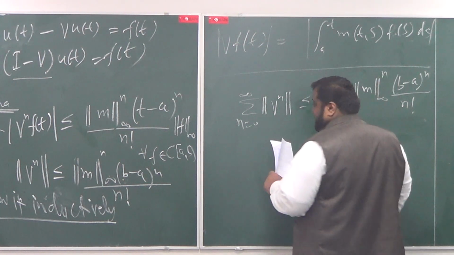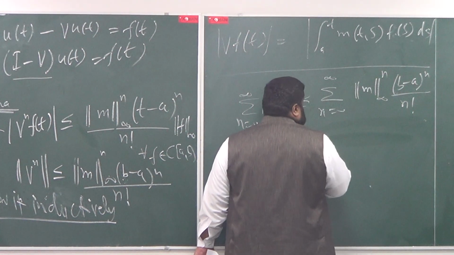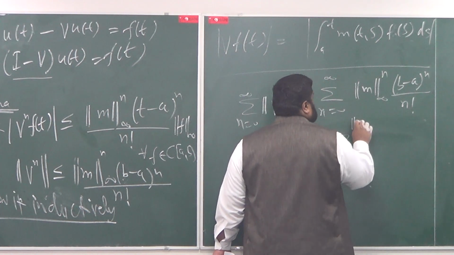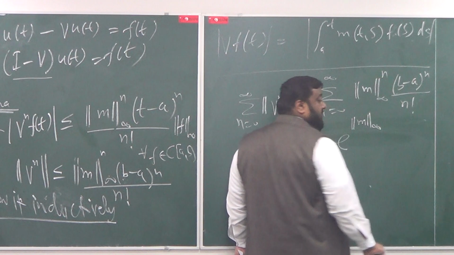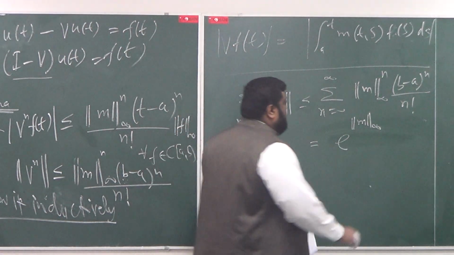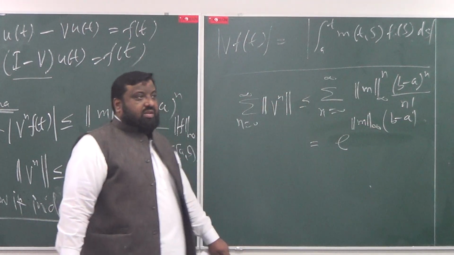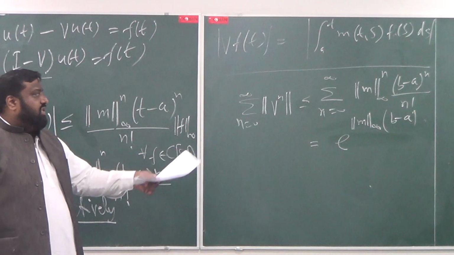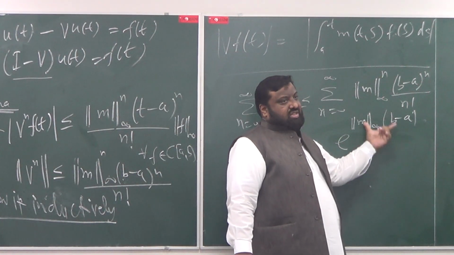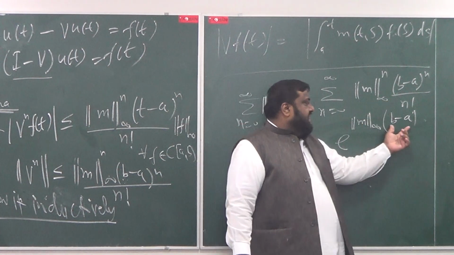Then this is nothing but e raised to the infinity norm of M times (b minus a). Agree? That's the series of e to the x, and just take x to be this.